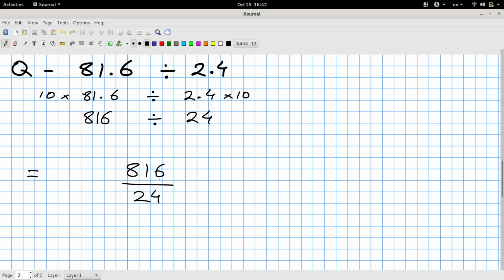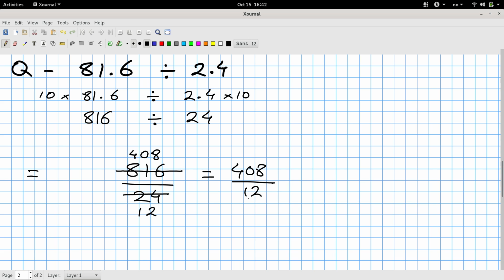I'm going to divide both of them by 2 while they are written here, and cut them off. 2 4s are 8, and then 1 is not enough, so I put a 0, and then this becomes 16, and 2 8s are 16. And then I cut this out as well: 2 1s are 2 and 2 2s are 4, right? Then I can write it neatly as 408 divided by 12.